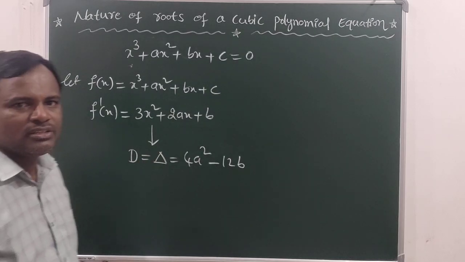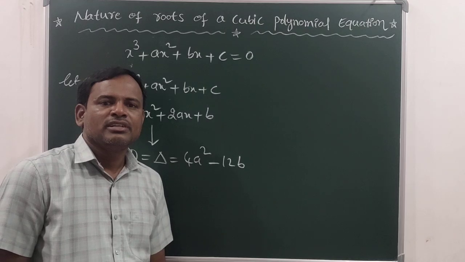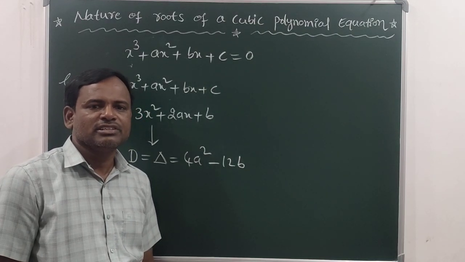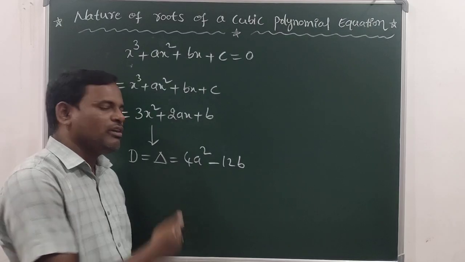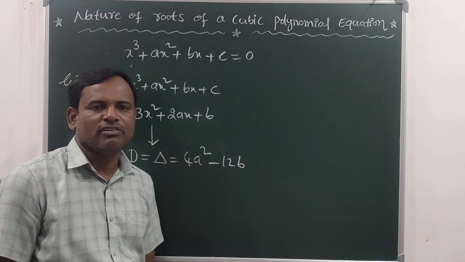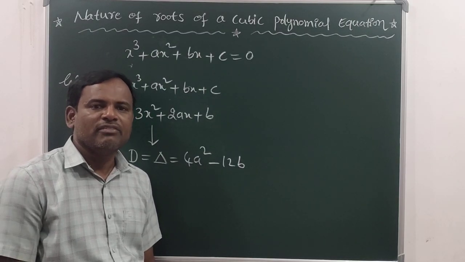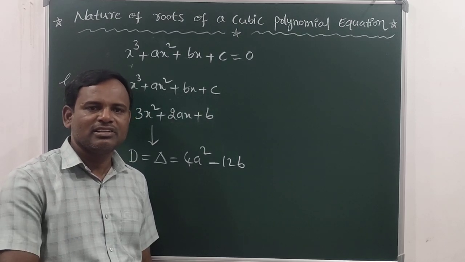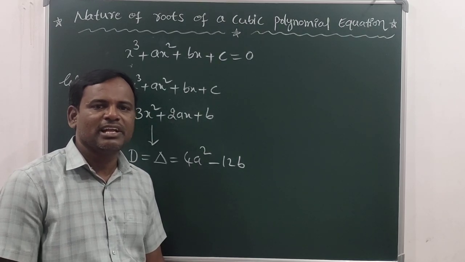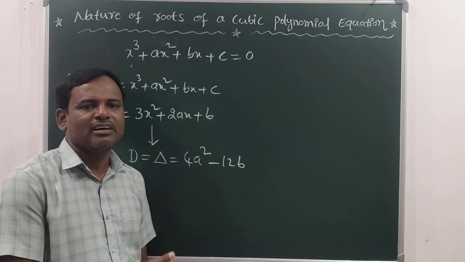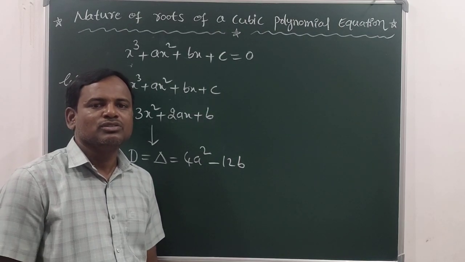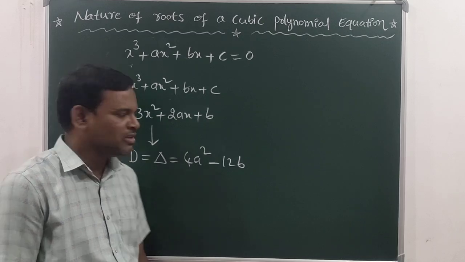You know students, you have studied in schooling and also in the last chapter on quadratic equations, the nature of roots of a quadratic equation. Whenever delta is positive, roots are real and distinct. Whenever delta is equal to 0, roots are real and equal. When delta is less than 0, roots are conjugate complex roots.